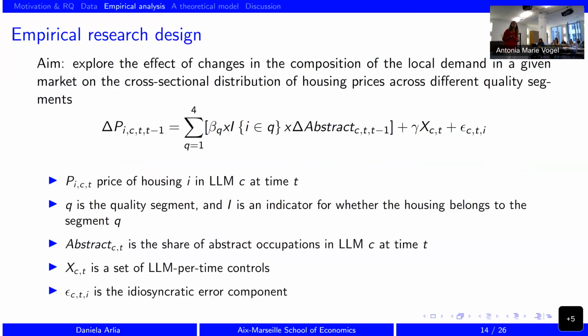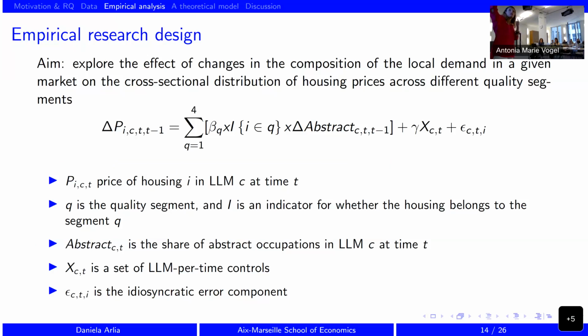The empirical research design I'm using, I mentioned already, is shift share. Here I brought down the main OLS specification, and what I'm interested in is this beta, its effect.